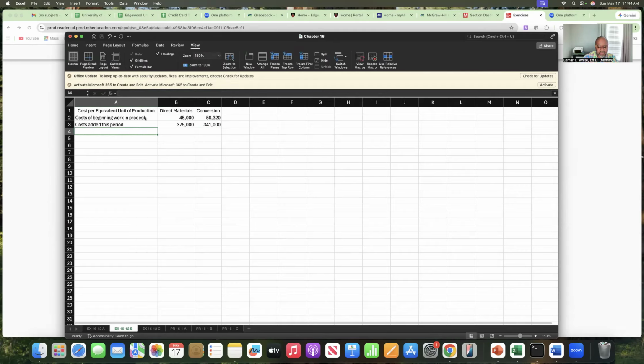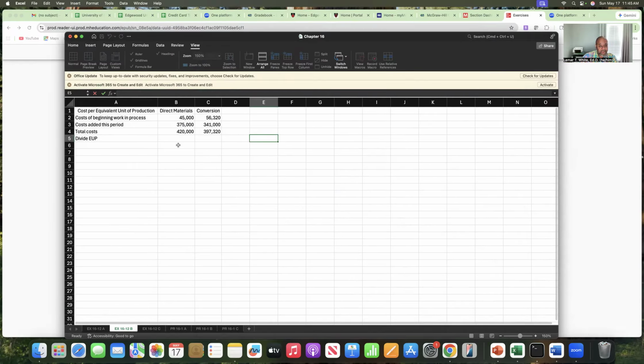So then this gives me my total cost. So I'm just going to, for direct materials, add these two numbers, and I should get 420,000. And for conversion cost, I'm going to add these two numbers, and I should get 397,320.